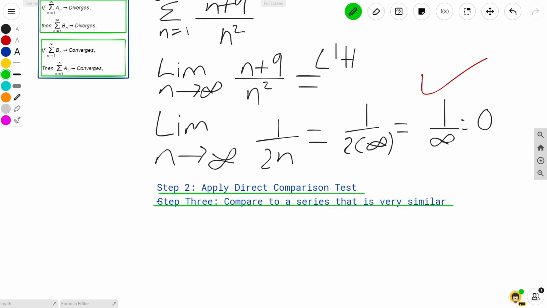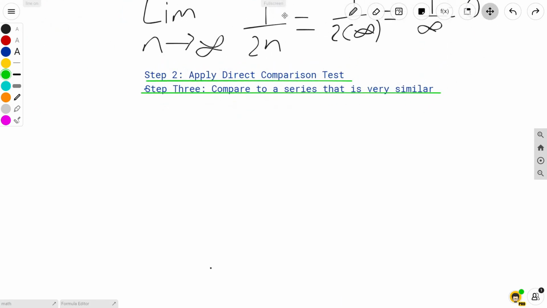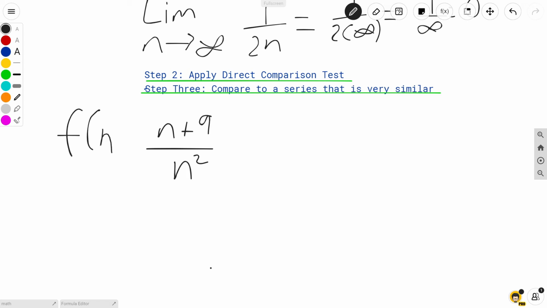So here we have our series, which is n plus 9 divided by n squared. And then we're going to call this f of n.